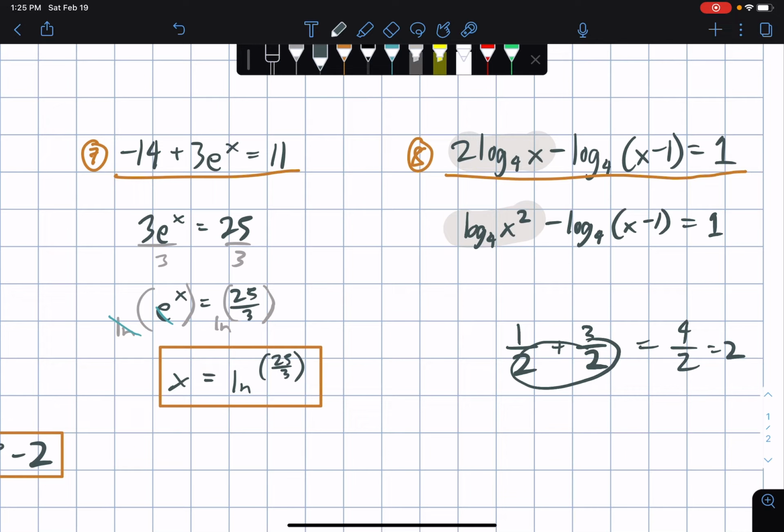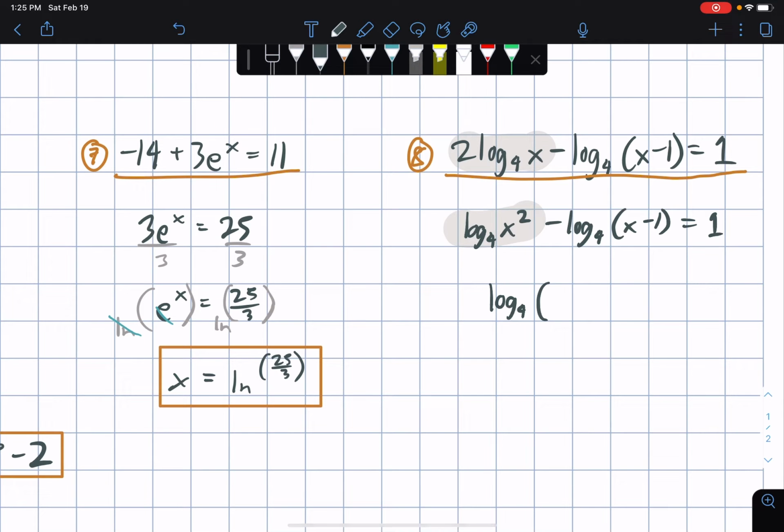So, alright, let's remove this. Okay, log sub 4. Because we have a subtraction sign, of course, we divide. So, the numerator will be the first expression, then the denominator will be the second expression. So, x raised to 2 over x minus 1 is equivalent to 1.